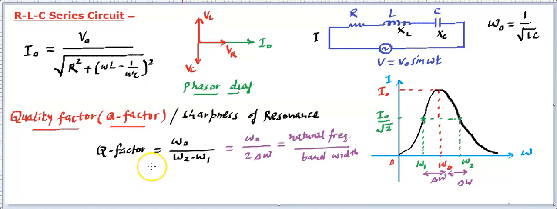So finally we can remember this formula: Q factor, or Q value, is equal to XL divided by R, or you can write it as XC divided by R, because we are talking about resonance, where XL and XC are equal. XL can be written as omega L, and R, so you can relate it with this.